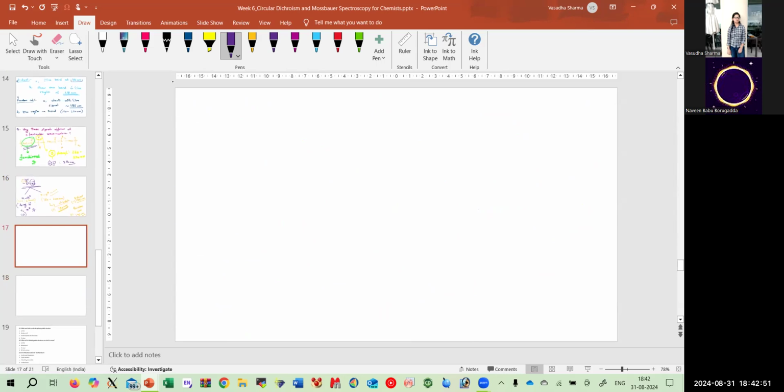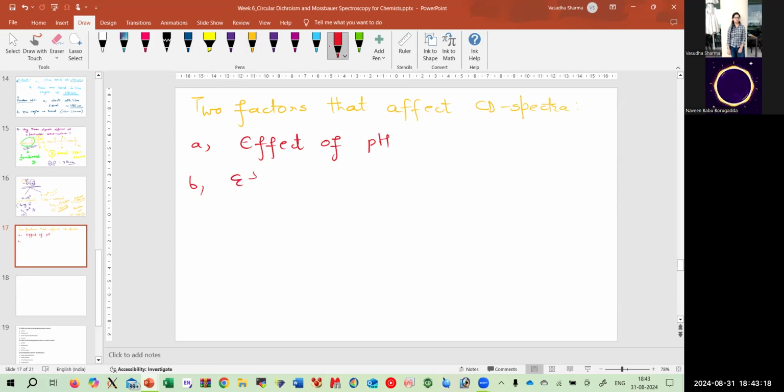There are majorly two factors that affect the CD spectra. One is the effect of pH, and second is the effect of temperature.